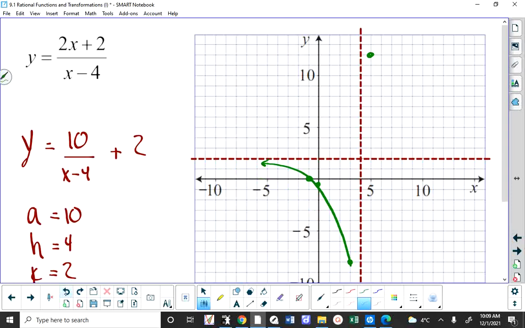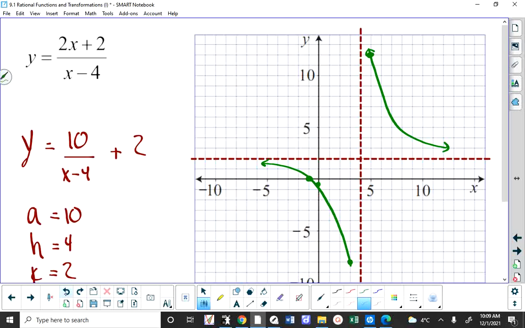And then you can kind of mimic this over here. It doesn't have to be perfect. That's good enough. You can write out the domain and range if you want. The domain would be x is not equal to 4. The range would be y is not equal to 2. You could also write out the equations of the asymptotes, but I think you get the idea.